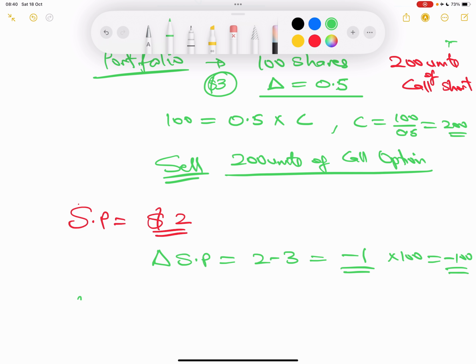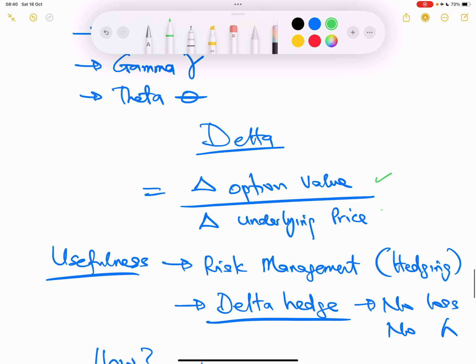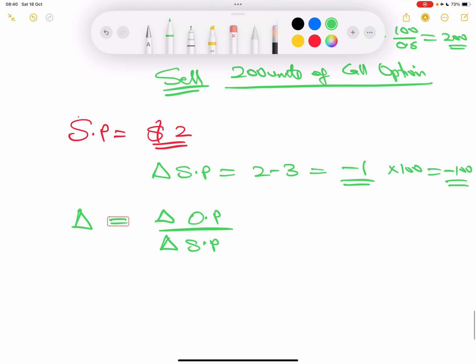But we know that delta is equal to change in option price divided by change in selling price. Remember, delta is change in option value divided by change in underlying price. So the change in our option price is equal to delta times change in selling price.